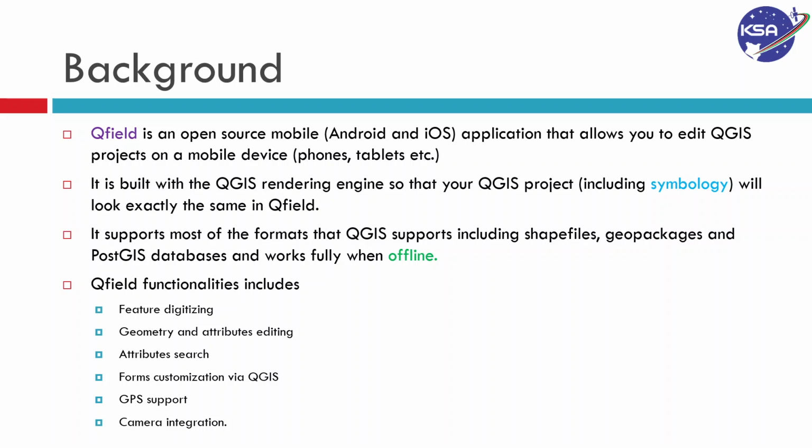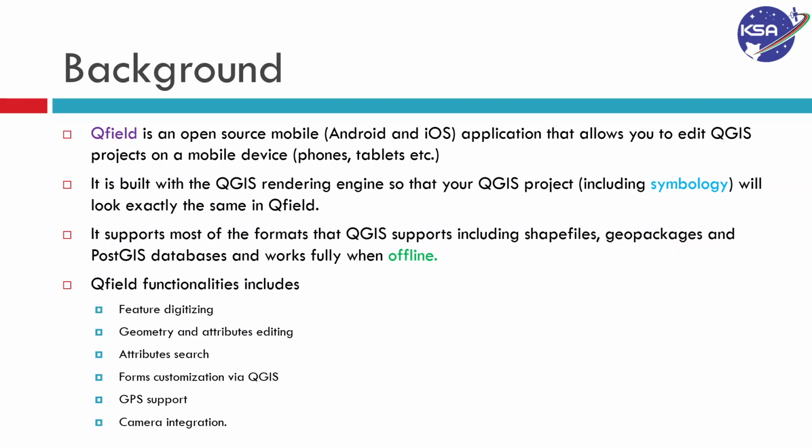It allows for editing QGIS projects on a mobile device, which are phones and tablets. It is built with the QGIS rendering engine, so that your QGIS project, including the symbology, will look exactly the same in QField as it looks in QGIS.